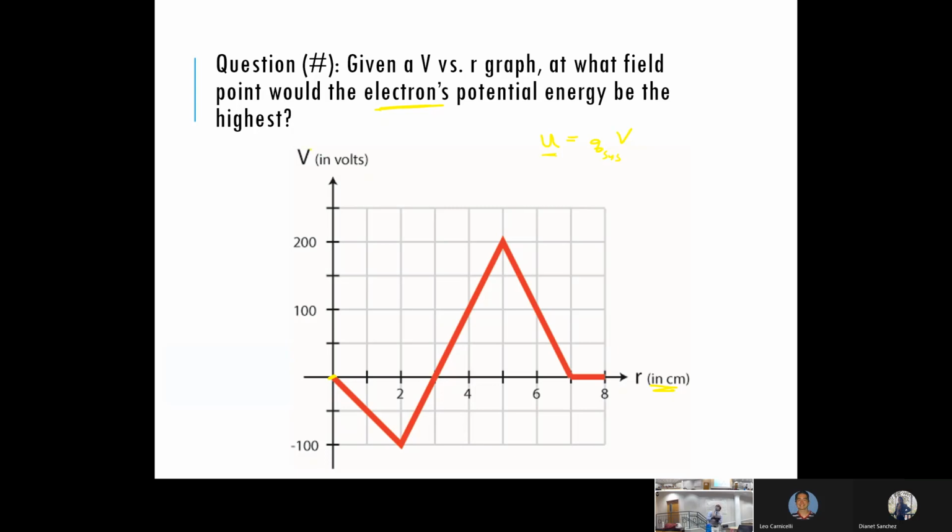I will now get rid of this, I'll put it in U, and I'll put an e here. Boom. I have now drawn the potential energy plot for a proton. I changed the scaling, but the shape stays the same because it's a positive charge, right? The only thing that happens is that instead of 200 volts, it's 200 times e, joules.